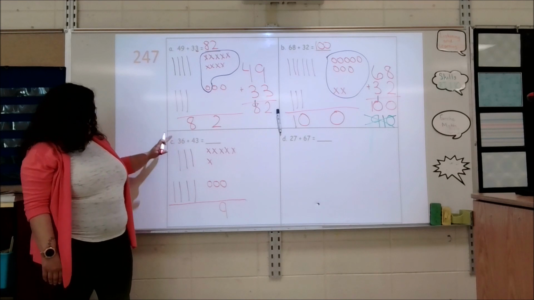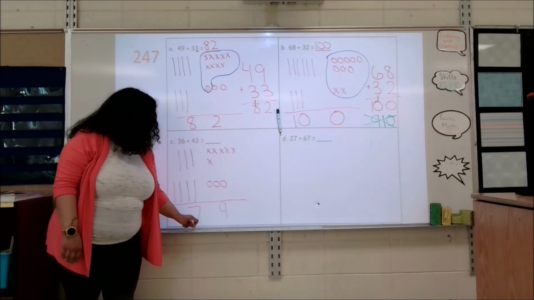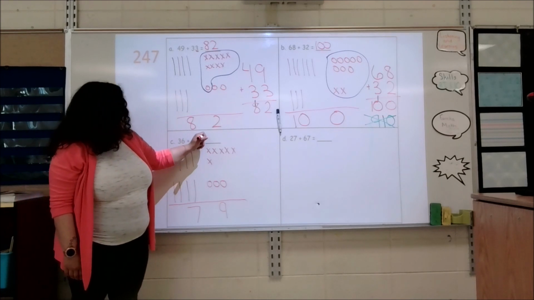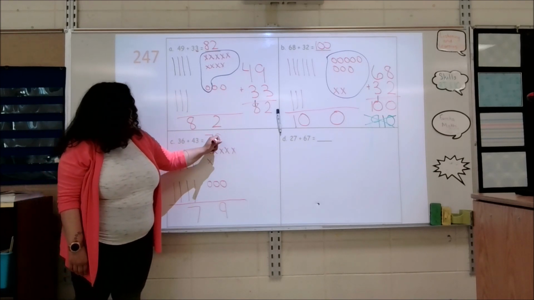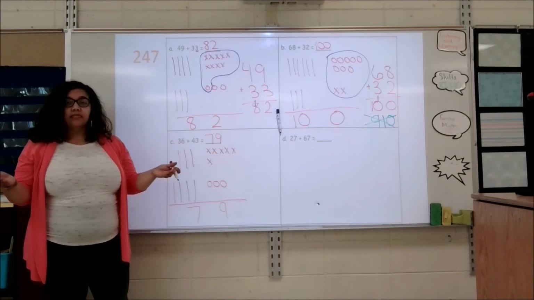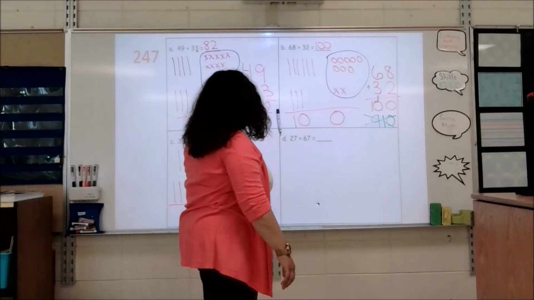3, 4, 5, 6, 7. 7 tens and 9 ones. 36 plus 43 is equal to 7 tens and 9 ones, or 79. It's equal to 79. Good, yes.